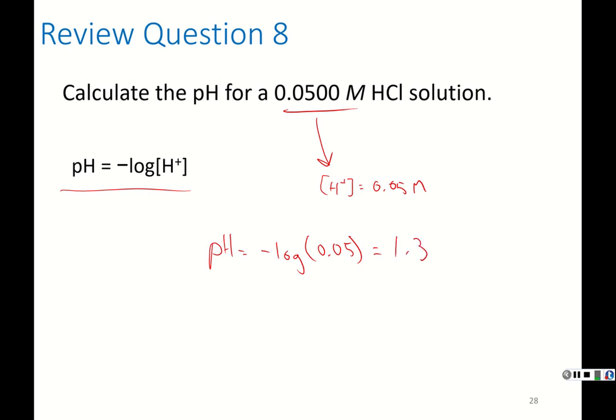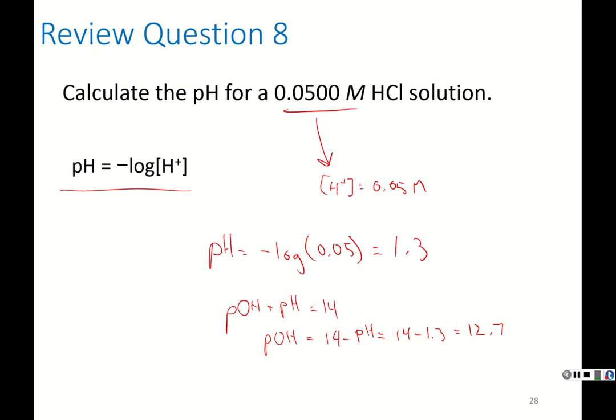Another way to make a question like this more difficult is asking what the pOH of this solution is. For that, you need the relationship pOH plus pH equals 14. So pOH would be 14 minus pH. 14 minus 1.3 would be something like 12.7.